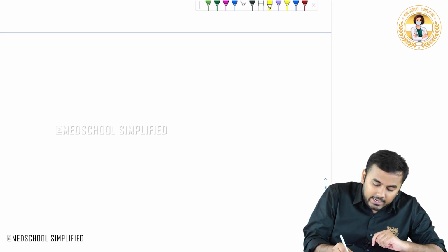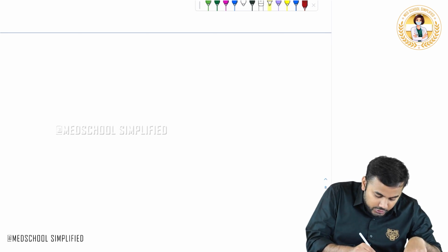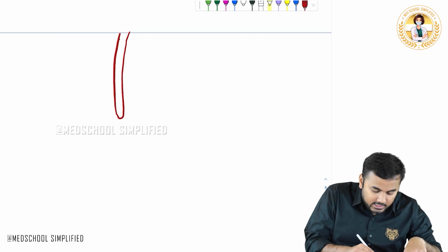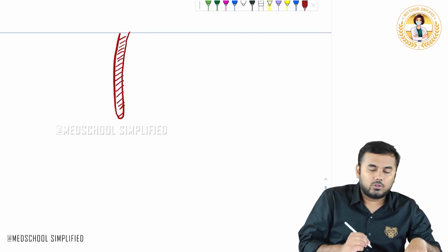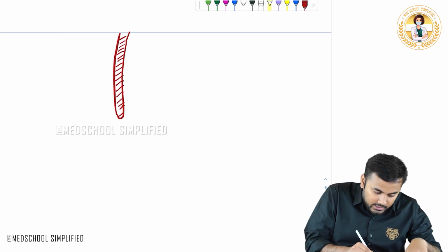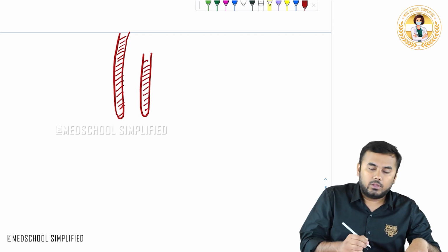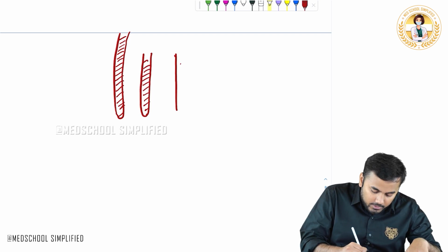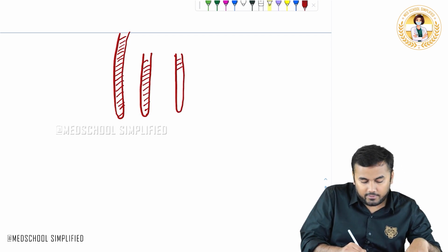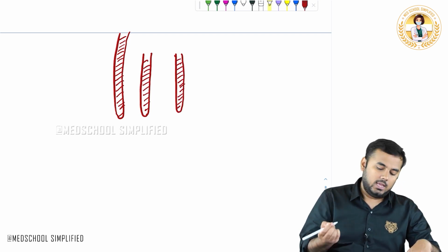Let us say this muscle over here is your external oblique muscle. Just behind that, the next muscle is your internal oblique muscle. And just behind the internal oblique muscle, this muscle is called the transverse abdominis muscle.